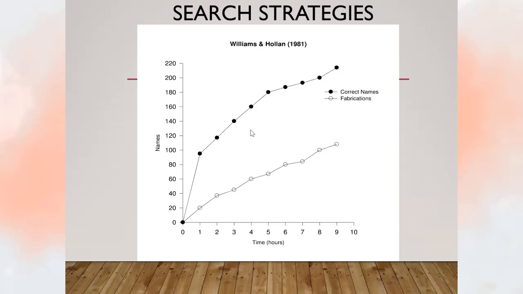Now, what's important here is Williams and Holland looked at not just hypermnesia, but also how did they go about searching for the names of the people they went to high school with. So what strategy would you use? This is usually where I ask, and most people think, all right, well, I would come up with a context and then search that context, right?